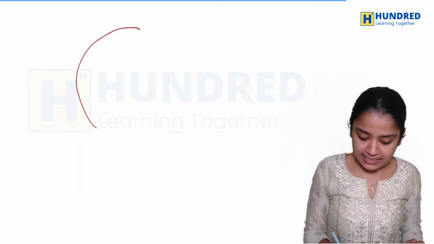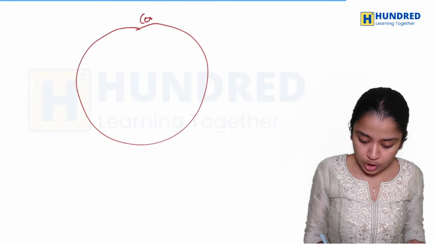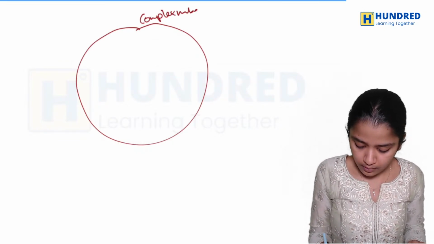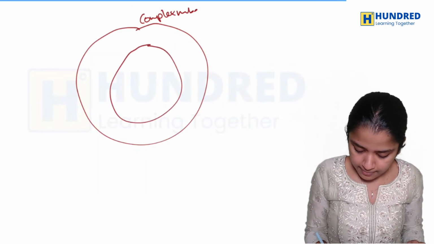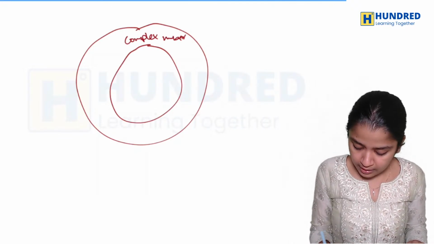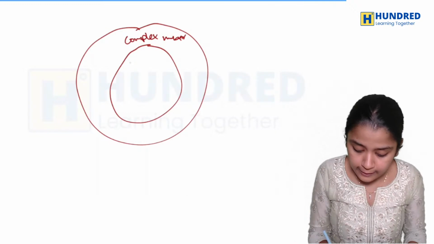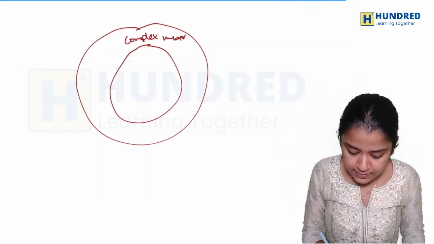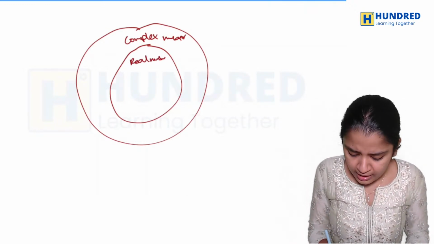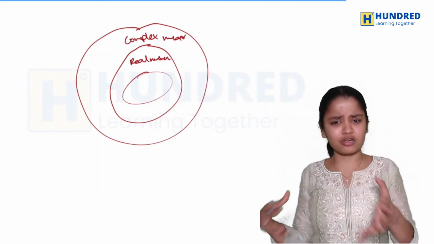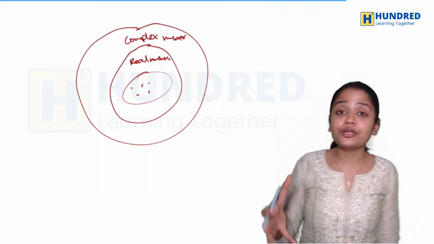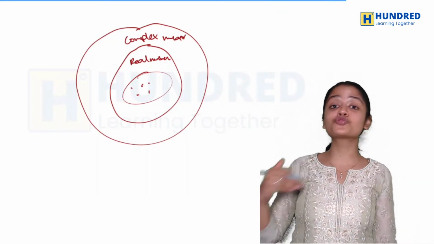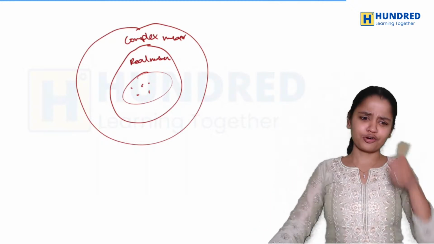So this is your complex number, and inside it comes our real number, then our natural numbers and so on. Inside that, you can have many things. So what can you conclude? The complex number is the superset of the real number.